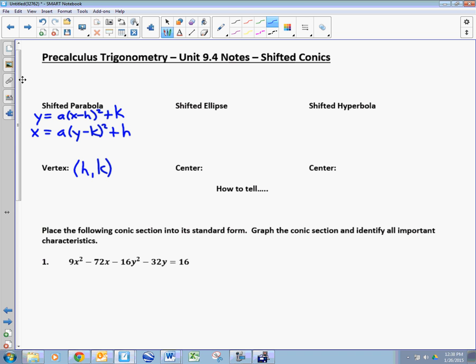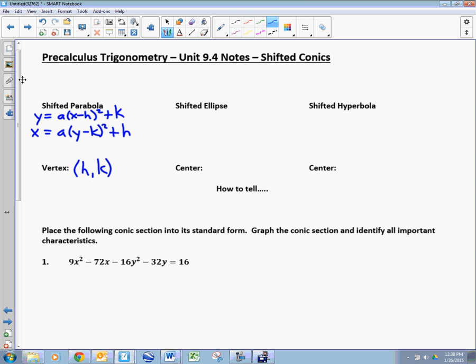What is the vertical shift? K. And what is the horizontal shift? H. So the vertex stays the same, but in the previous one, you look on the inside for the horizontal shift. Here, the inside would be the vertical shift. So that's something you need to keep in mind.